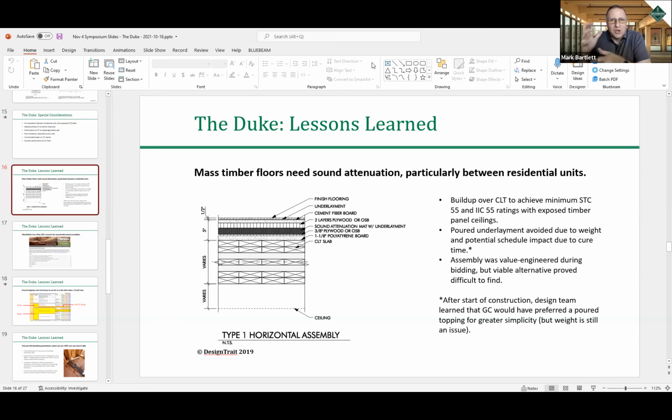So there are all these things that go into early design decisions that can really be important to whether mass timber makes sense and is designed efficiently, or you come down the road and you realize you're going to have to jump through a few hoops to figure out how your acoustics work, because you weren't considering that early in the project, or your MEP layouts, things of that nature.